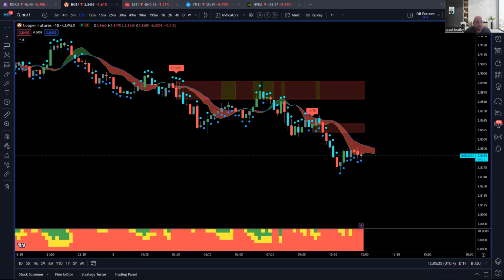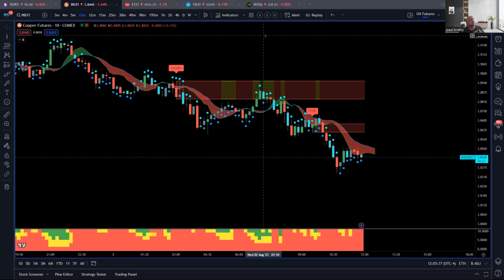And one of my current apprentices for this year, who's never traded before, is knocking it out of the park with copper. So why copper? It's quite liquid. It trades very well, and I understand the behavior.